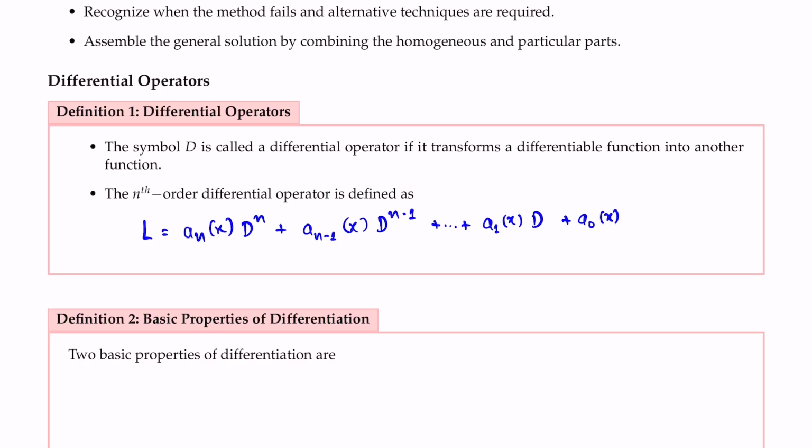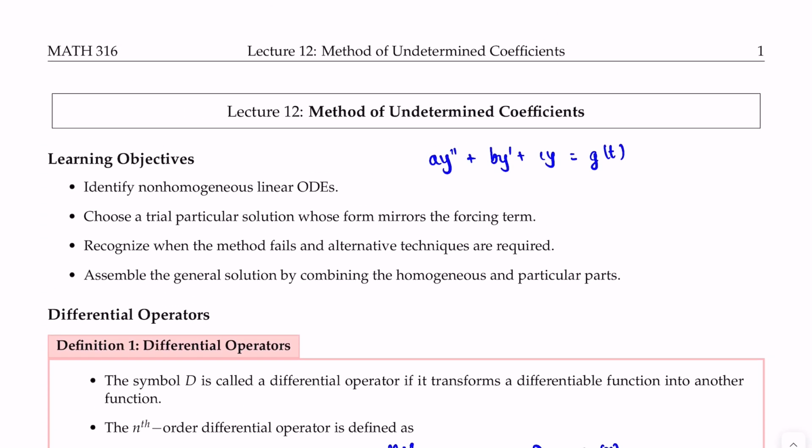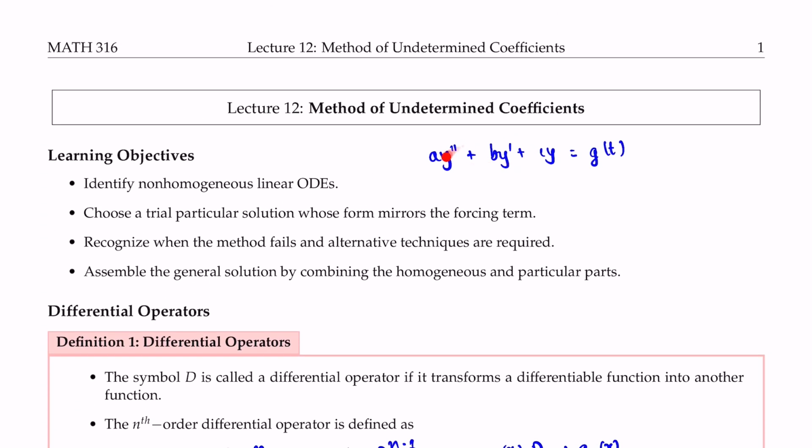So in this definition, you have linear combinations of all the derivatives together, similar to what we have for the case of differential equations set up like this. In this case, we have a second-order differential equation, or the linear combination of the second derivative, the first derivative, and the zero derivative.